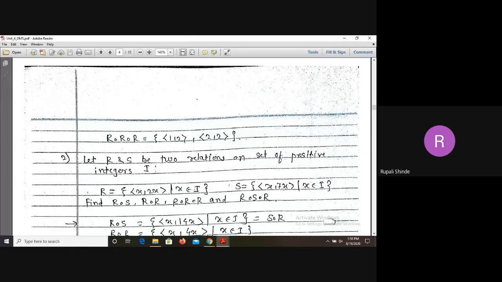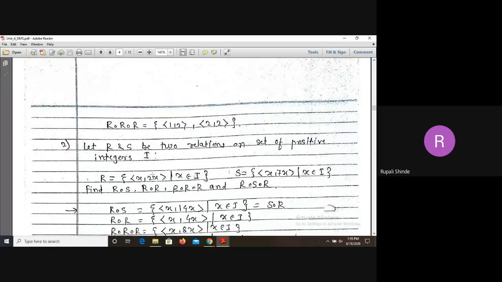So how can we make this 2x? We have to multiply this ordered pair by 2. That's why now the first element becomes 2x and the second element becomes 14x, because we have multiplied this ordered pair by 2. Now again this 2x and 2x will get cancelled. You will get the answer as x comma 14x for any x belongs to I.